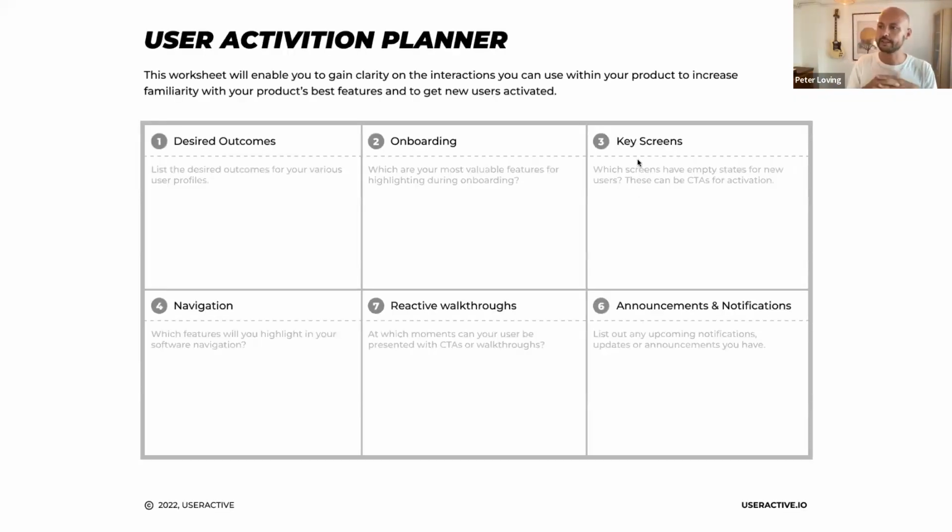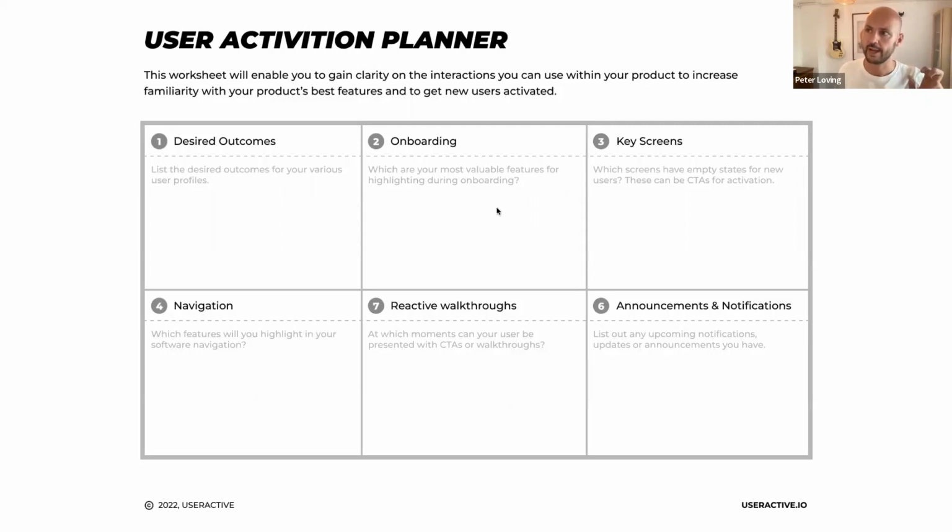Okay, so here is a worksheet. This is how I would suggest thinking about activation in your project or in your product. So a great place to start is really considering the desired outcomes. So list out the different profiles you have in your product and what are the desired outcomes for those profiles.